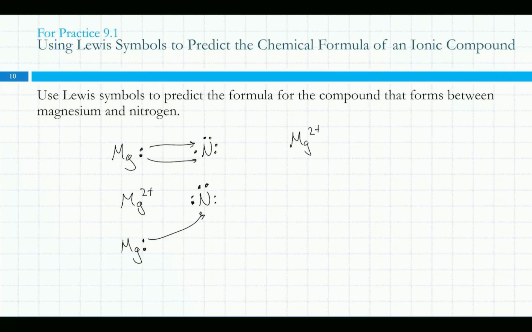We have Mg2+, Mg1+, and then N. Is that good? Yeah, no, this magnesium's not satisfied. It's got 1 electron that it's still trying to get rid of.